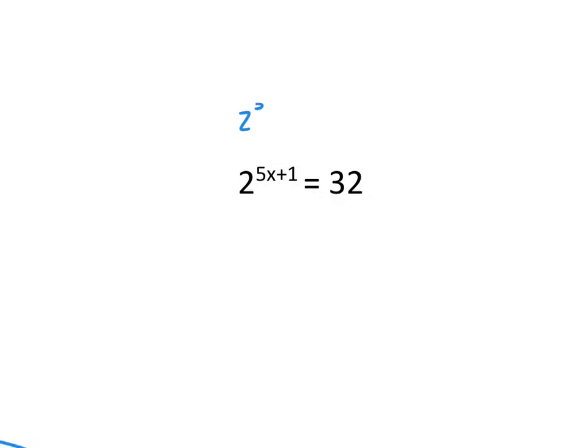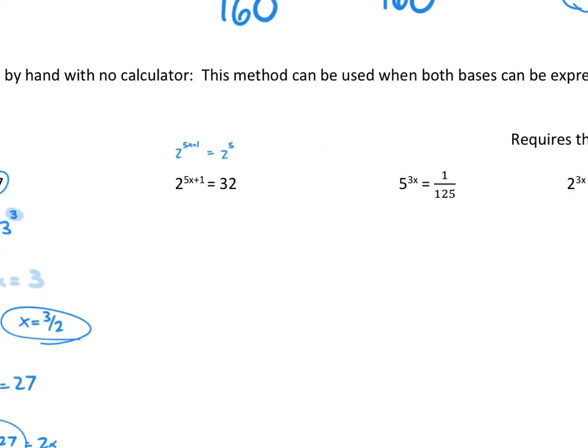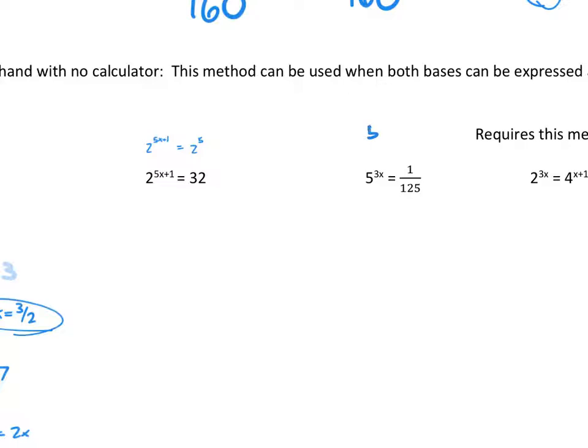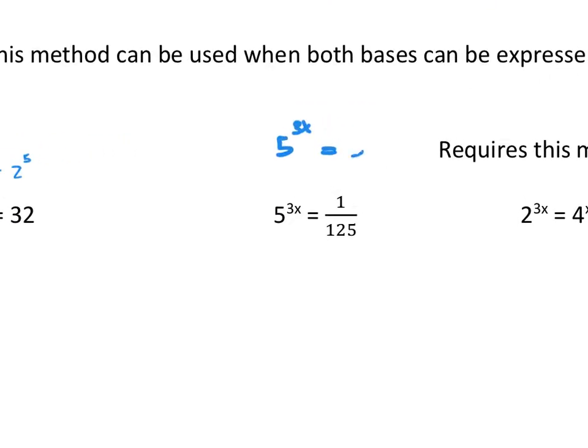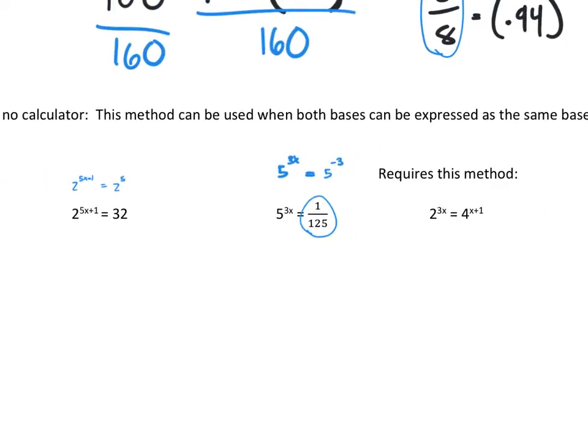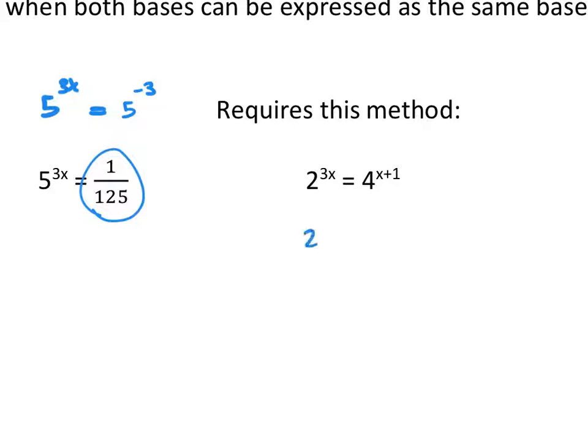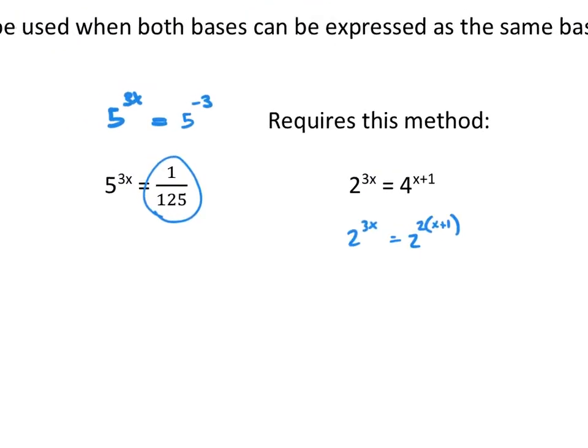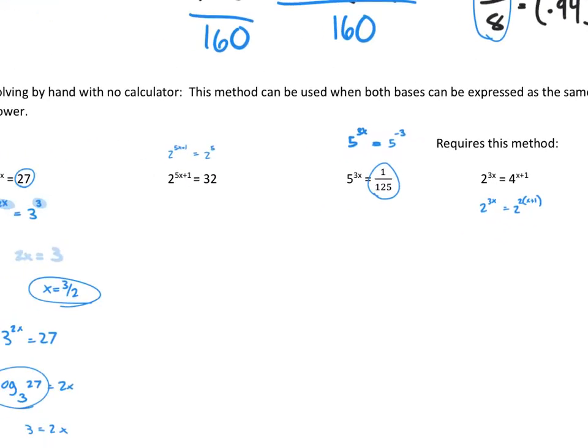You could try to solve this problem by expressing the 32 as 2 to the 5th. You could have attempted to solve this one by setting up 5 to the 3x is equal to 5 to the negative third, because that's what 1 over 125 is. This one could be expressed as this. So all these are accomplishable by a past method that we had seen.